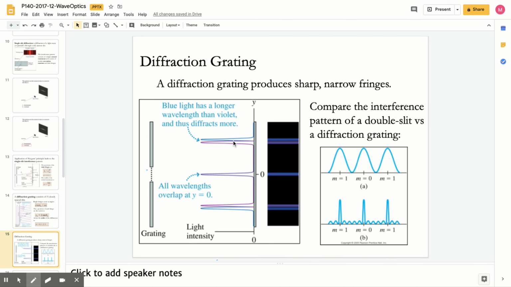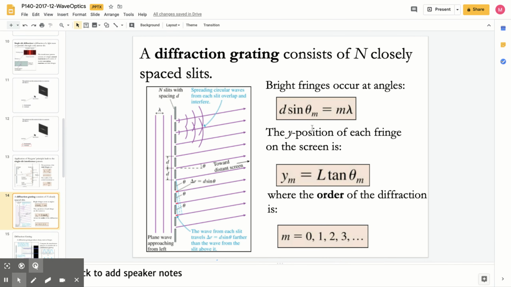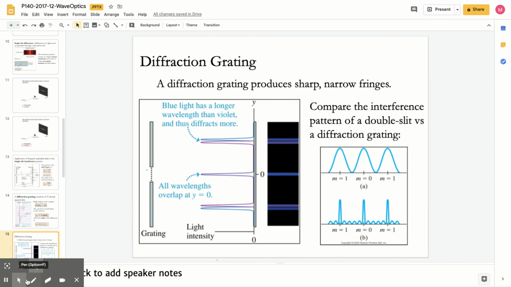If we go back and think about this equation, those would be m lambda, so those peaks would be at those locations. So I'm going to see something that looks like this. Comparing the interference pattern of a double slit, so this would be my double slit, and this is going to be my diffraction pattern, my grating.